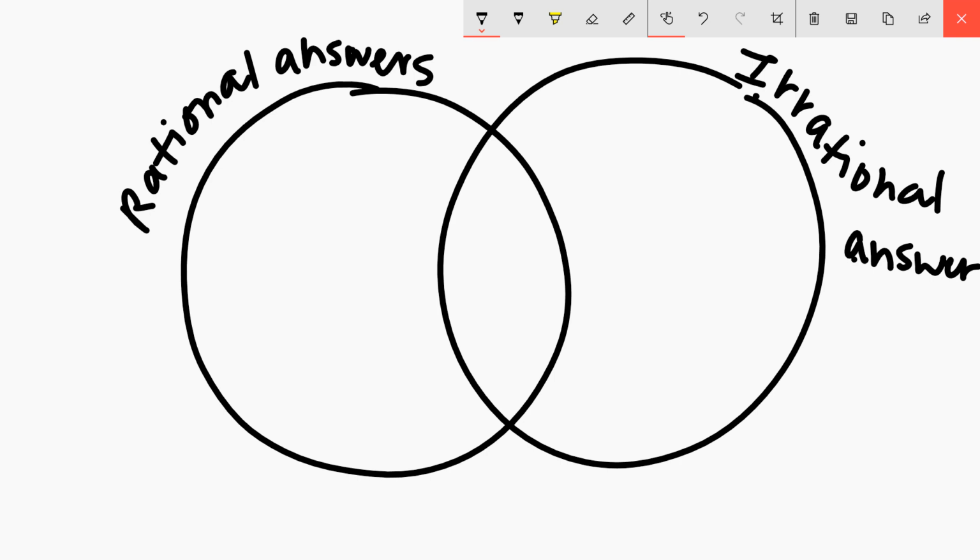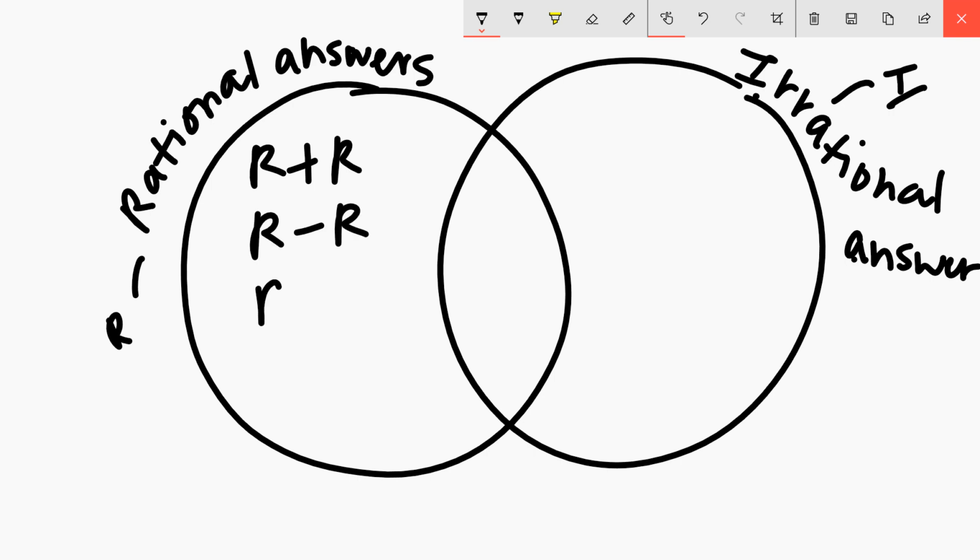Remember, I'm going to denote rational being R, irrational being I. So, a surefire way to always get a rational answer: just make sure both of your things that you're adding, subtracting, multiplying, or dividing are rational.